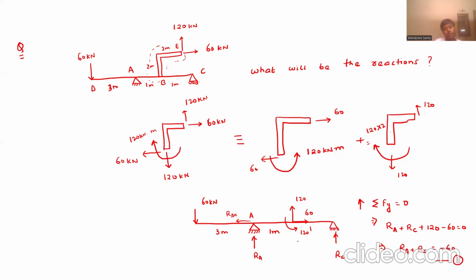Let this be an equation. Now RAH will be equal to 60 kilonewton directly. You can see this by writing summation of Fx equal to 0. Now, if we do summation of moment about point C equal to 0, what will you get? Just tell me.